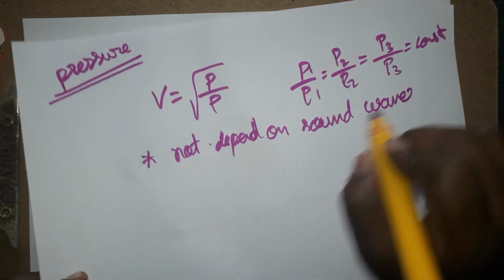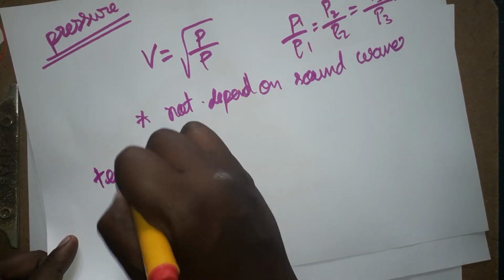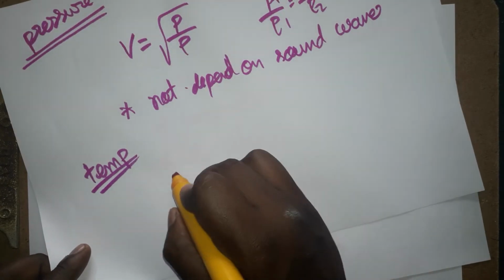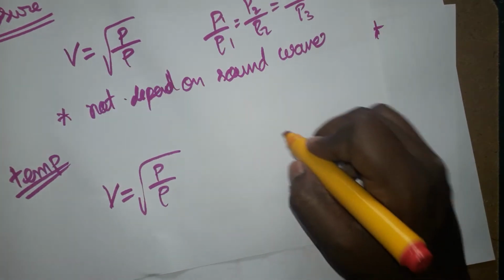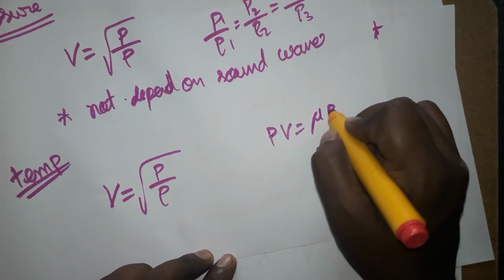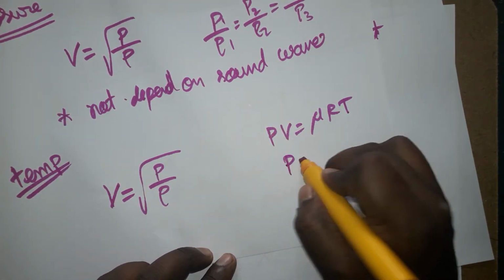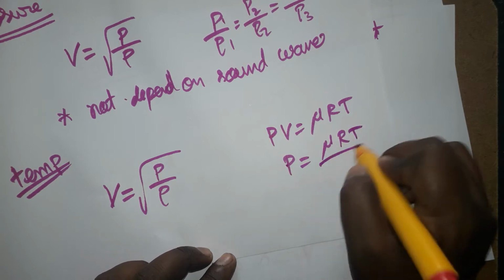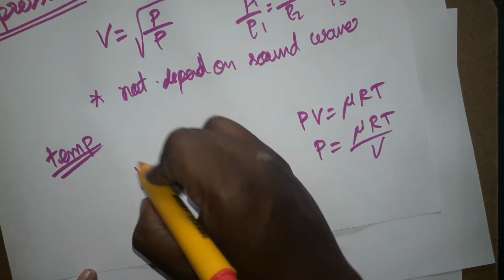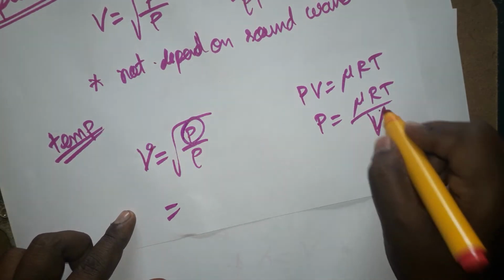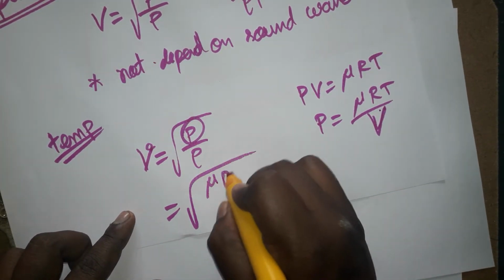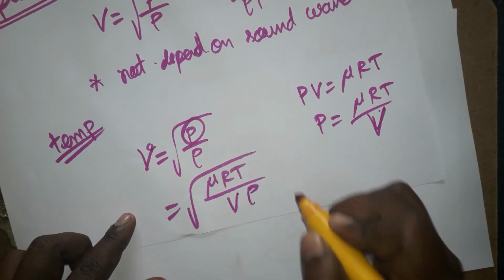Next, temperature. Velocity is equal to root of pressure by density. We know PV is equal to mu times RT, so P is equal to mu RT divided by V. Small v is the velocity, capital V is the volume. Instead of P, we can write root of mu RT divided by V density.